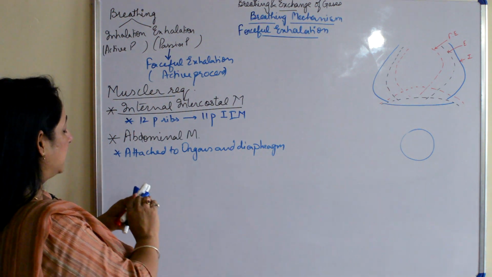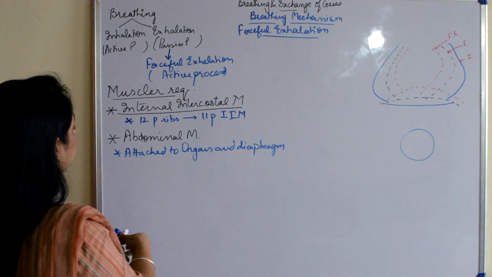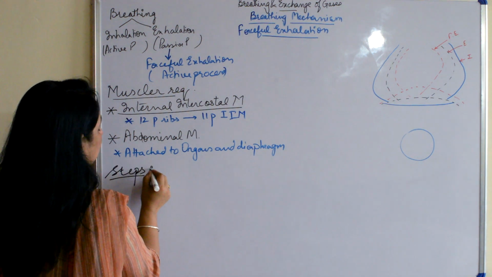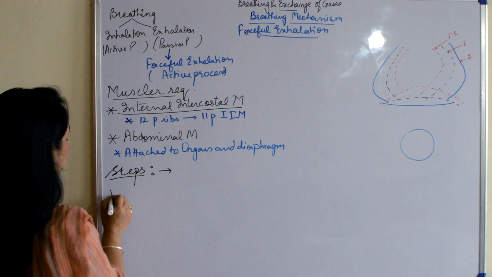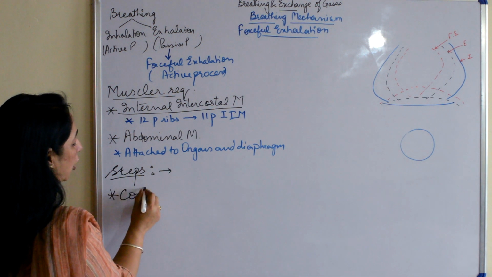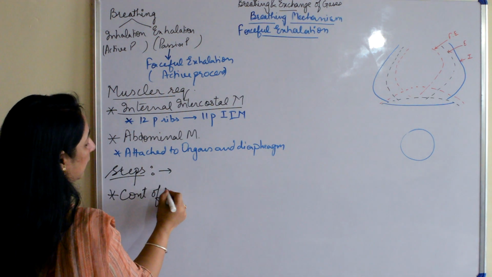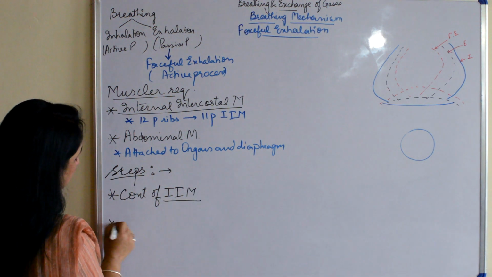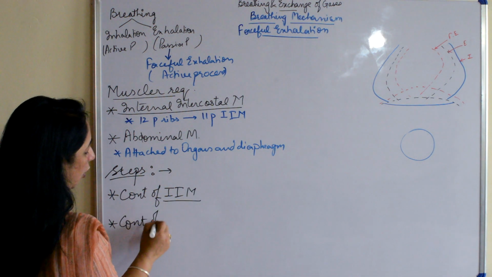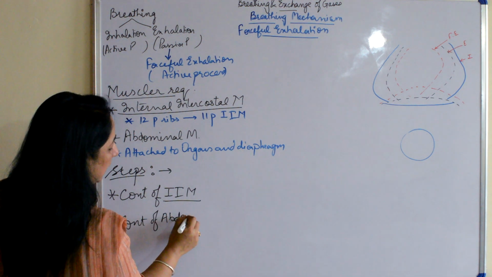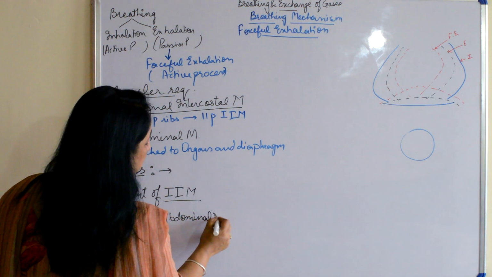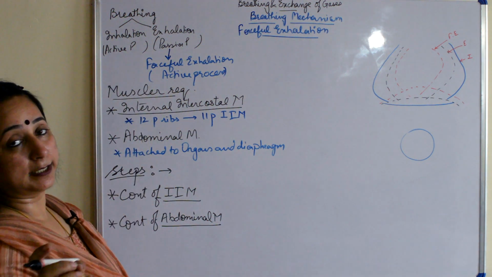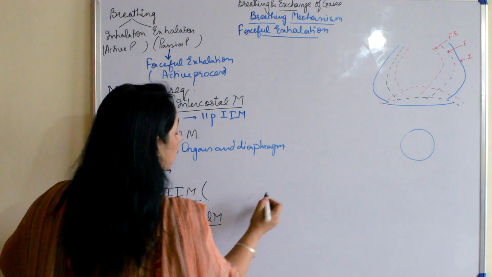Now let's understand what the steps involved are. As it is an active process, contraction is taking place. First is contraction of internal intercostal muscles. I'm just writing the short form. And the second is contraction of abdominal muscles. So abdominal muscles contract and internal intercostal muscles contract.